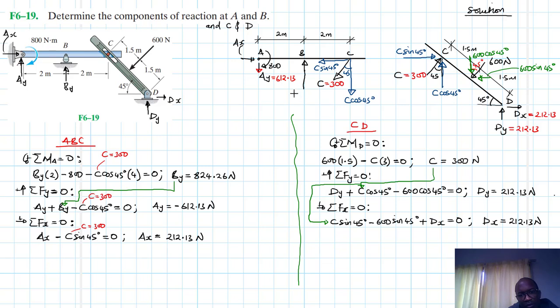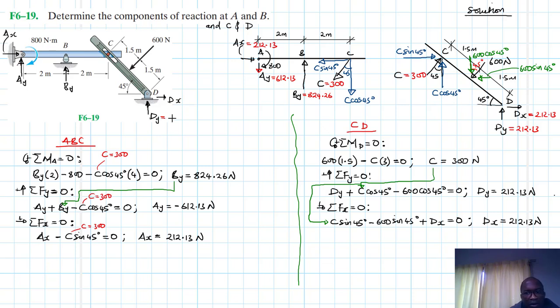We bring it up to there. By, what did we find? By is equal to 824.26. And AX, what did we find? AX is equal to 212.13. Great. So we found everything, right?